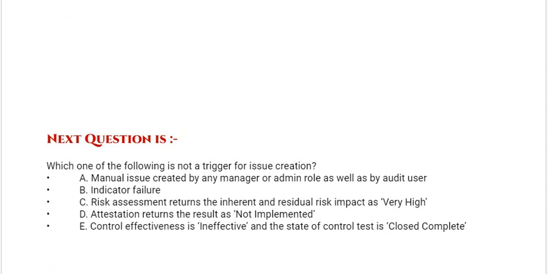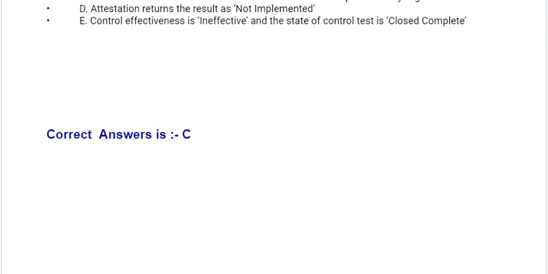Option C. Risk assessment returns the inherent and residual risk impact as very high. Option D. Attestation returns the result as not implemented. Option E. Control effectiveness is ineffective and the state of control test is closed complete. Correct answer is option C.